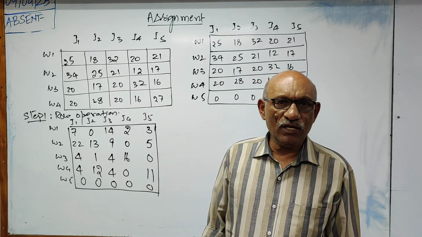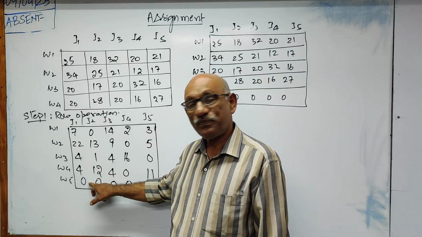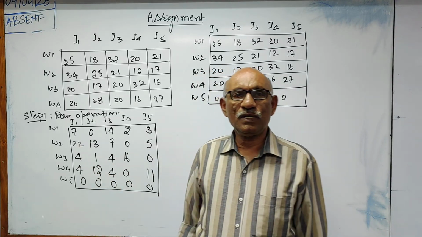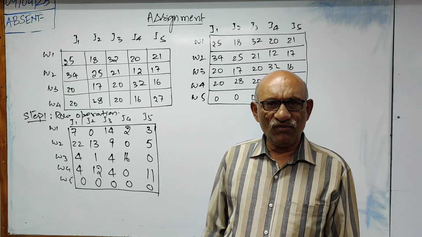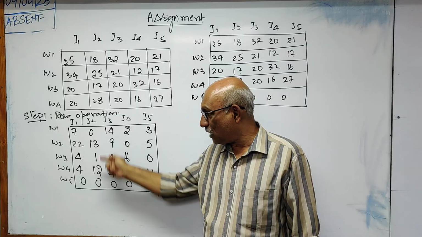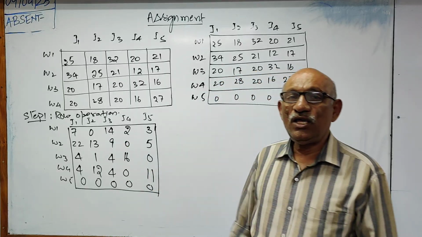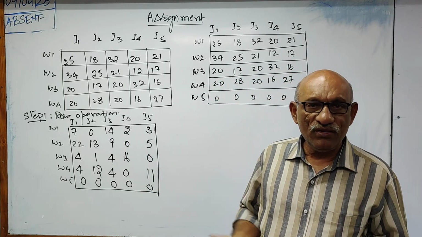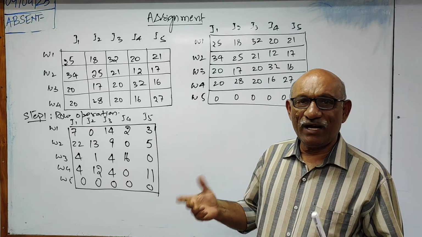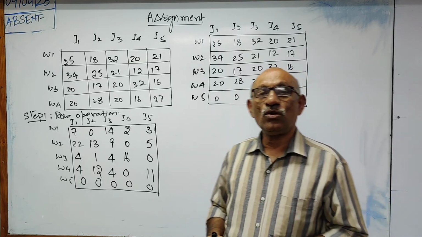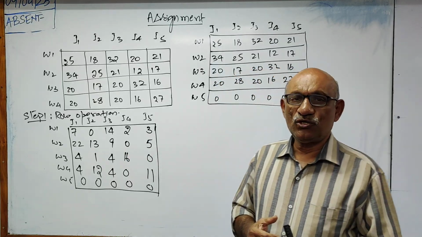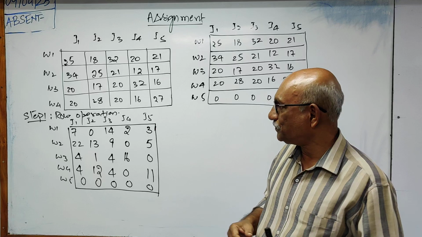What is the least value in this column? 0. 0 you have to subtract from each and every element. It means that column will remain same. Same point you can notice for other columns also. Each column is having 0 as the least value. Therefore, same matrix I'll get once again. So there is no need to calculate opportunity cost column wise.